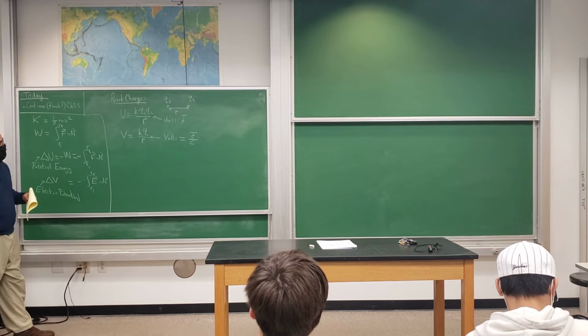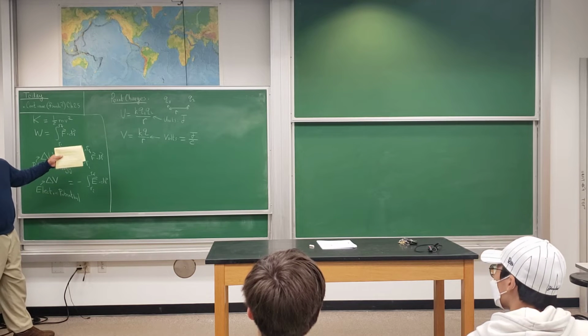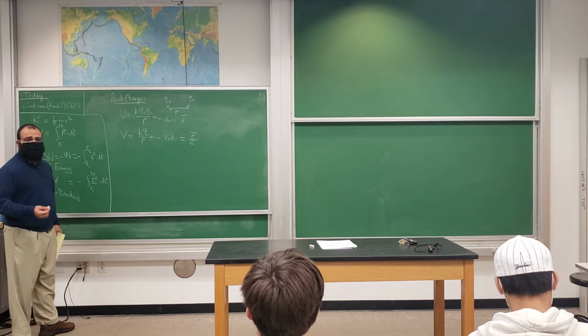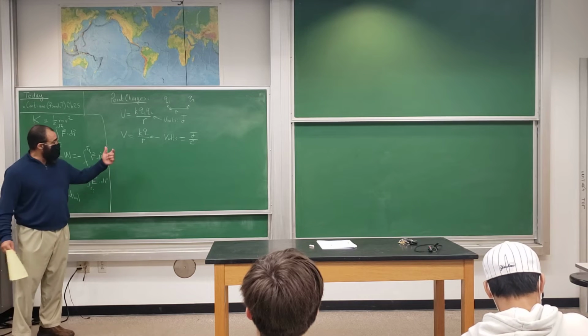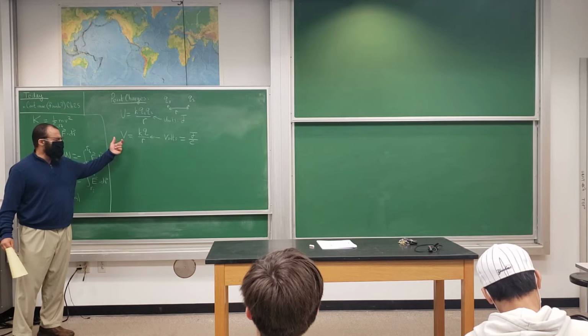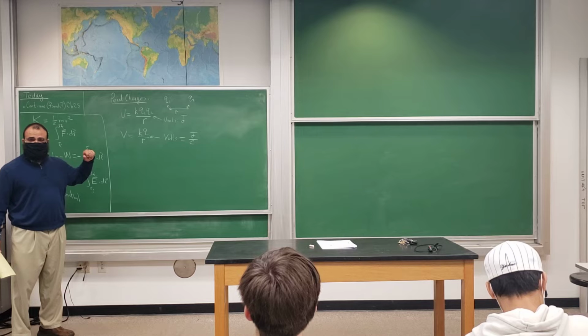And another unit for the electric field: notice it's KQ over R squared. So a volt is like the units of the electric field multiplied by a meter, right? KQ over R squared.